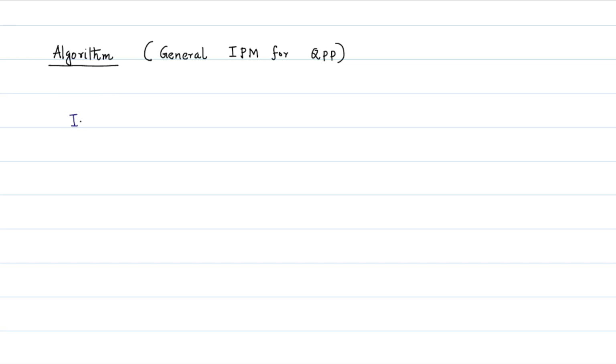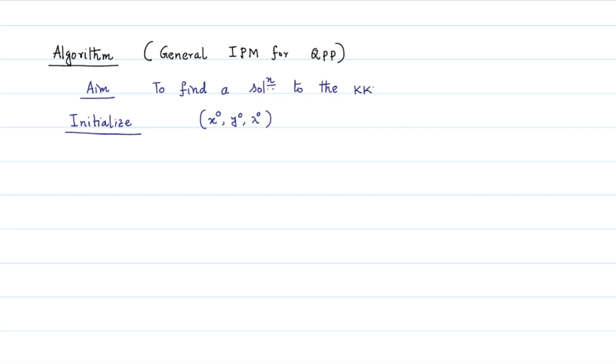At first, we should initialize the process. In the initialization, we need to give the initial iterative point x naught, y naught, lambda naught to find a solution to the original KKT system, that is with tau equal to 0, for the given quadratic programming problem.